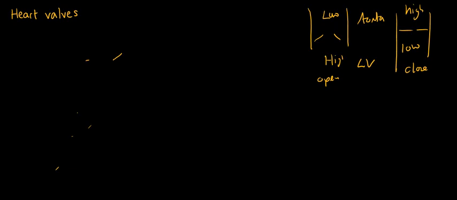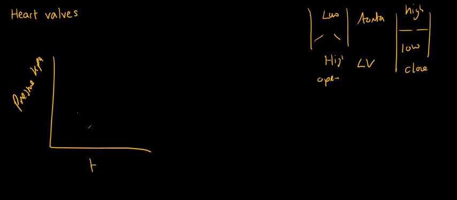So now going back to my graph of pressure against time. This is pressure in kilopascals against time. We can now plot our graph with not only ventricle pressure, but now aorta pressure as well.